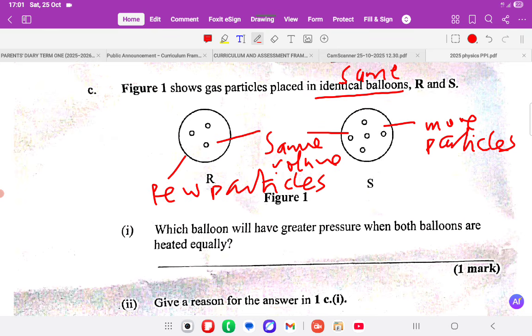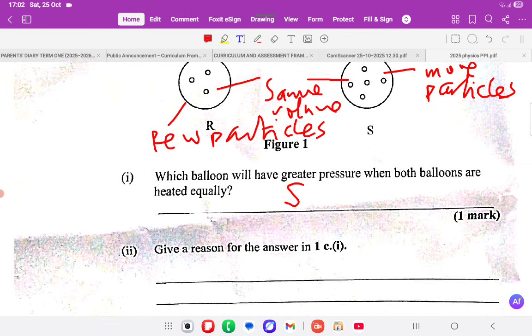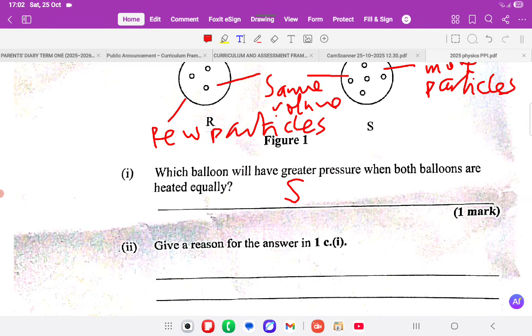So where we have more particles, when the two balloons are heated equally, it means there are going to be more collisions in S than in R. The question is saying which balloon. In this case, it is going to be balloon S. So the explanation is simple.